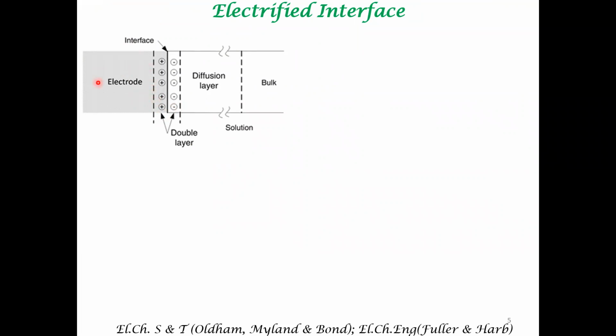What we have here is an electrode that is, let's say in this case, positively charged. That is, I have removed some electrons from the electrode. Therefore, I have made the electrode positively charged. And then in response to the positively charged electronic conductor, which is the electrode, there is a charge accumulation at the electrode-electrolyte interface.